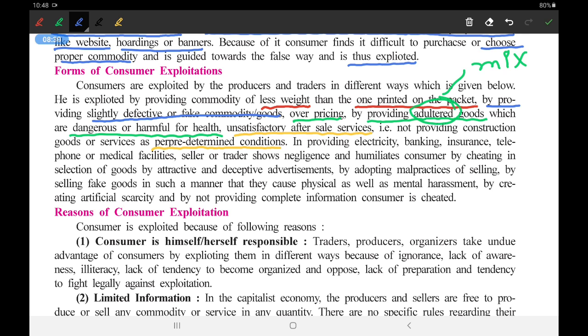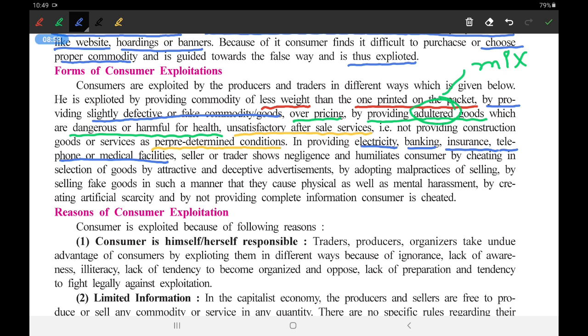In providing electricity, banking, insurance, see, in this kind of service sectors, what will happen? Insurance, telephone and medical facilities, sellers or traders show negligence and humiliate customers by cheating in selection of goods by attracting and deceptive advertisements. See, they cheat. How do they cheat?